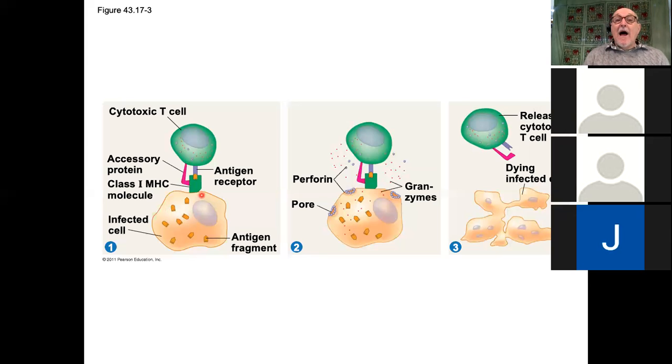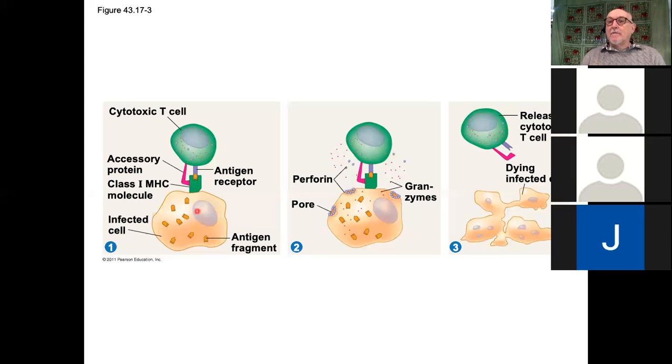So now this MHC molecule displays antigen. And if this antigen that it's displaying is the same as the cytotoxic T cell receptor, then the cytotoxic T cell will bind to the cell and it will kill it. It kills in a particular way.